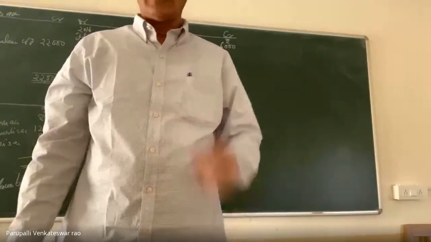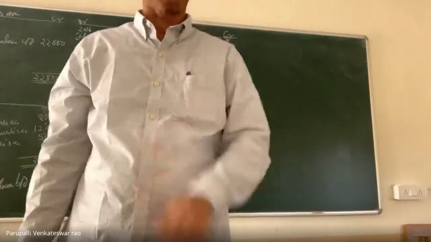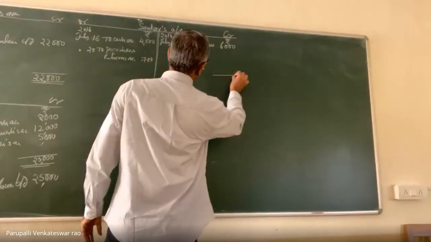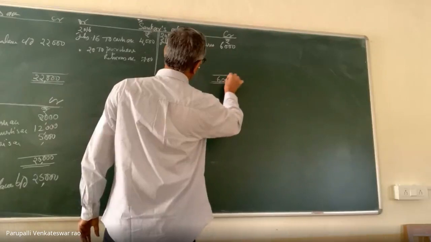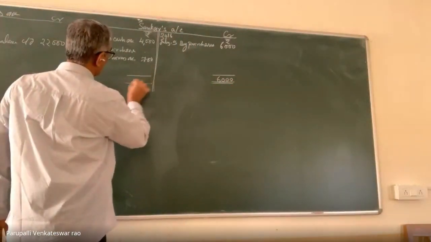So now I am closing this account at the end of July 31st. Which side is more? Credit side. It is a credit balance. Now write 6,000 on the credit side, as the total is more. The same you have to write on the debit side also, 6,000.